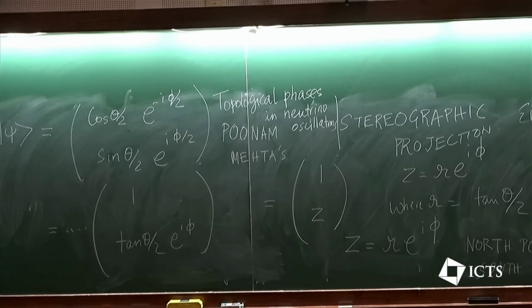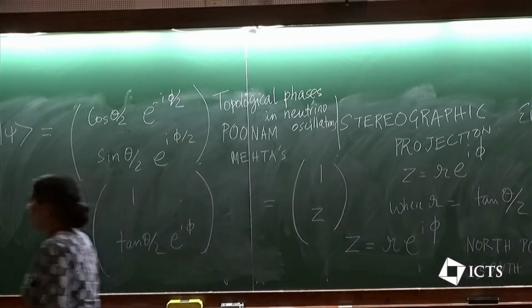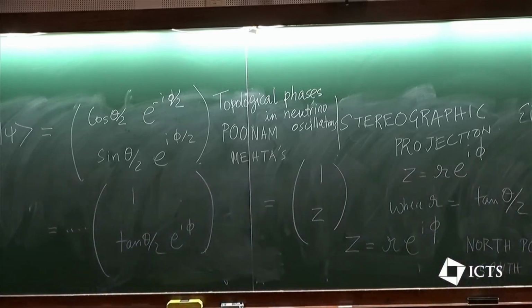Oh, there. If you go to the Poincare sphere, you find that on the equator of the Poincare sphere, it's going from one point to another. And that is the exact counterpart of neutrino oscillations, going from one flavor state to another flavor state.